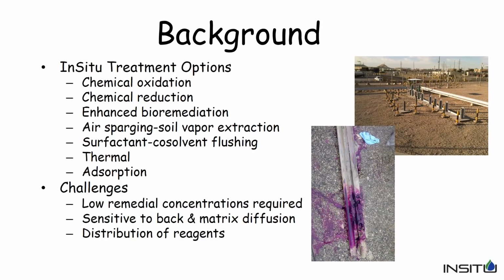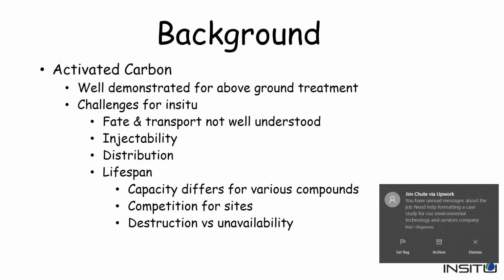With any in-situ program, we're always concerned about first distribution, as well as the sensitivity to back diffusion and matrix diffusion. In this case, we're looking at some chlorinates which have very low regulatory standards here in Ontario, including things like vinyl chloride, which is either 1.7 or 0.5 parts per billion.